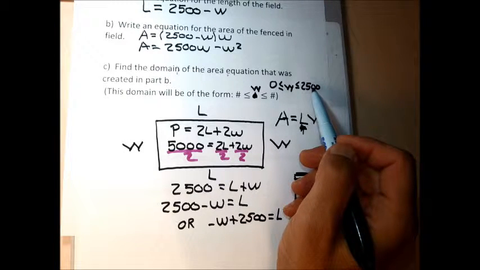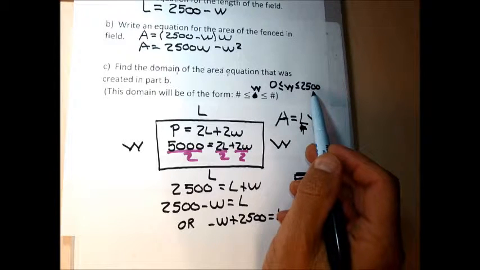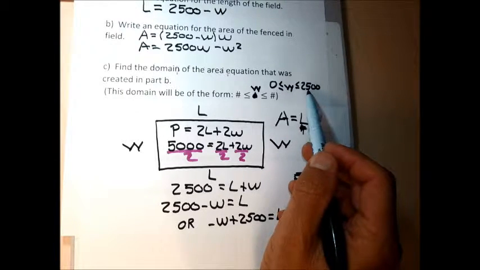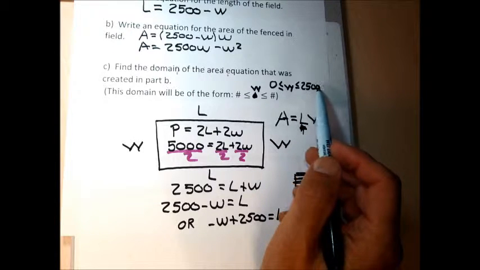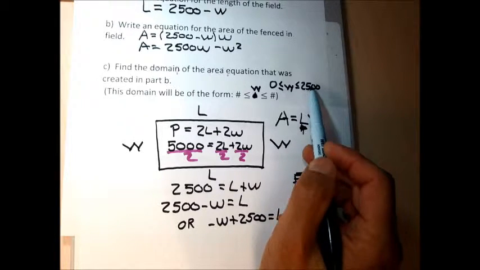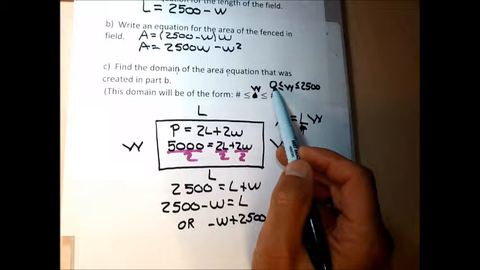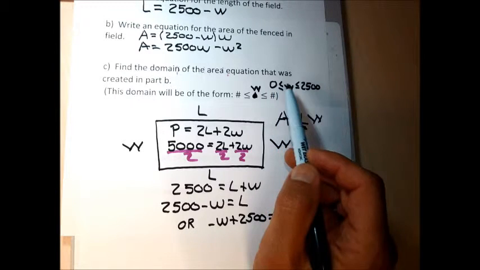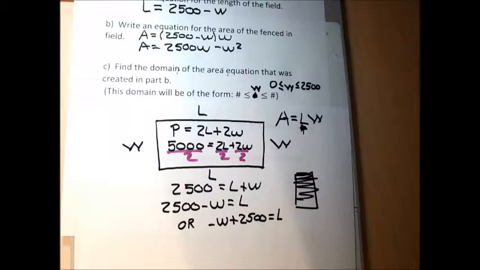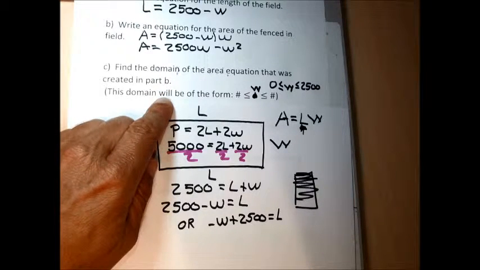Similarly, if you had your widths of 2,500, you wouldn't get any area enclosed, because if the widths were 2,500, the length would be 0, and then length times width is area, and 2,500 times 0 is 0. If the width was 0, the length would have to be 2,500, and again, you'd get a negative or 0 area. So in this problem, I'm just logically thinking what can happen.